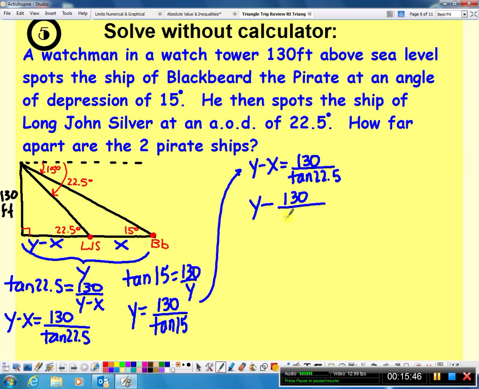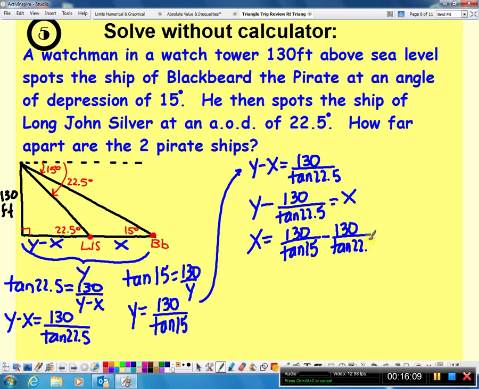So in other words, what I've got to actually calculate when it's all said and done is that x is going to be 130 over tan 15 minus 130 over tangent 22.5. Well, that causes me to have to stop.